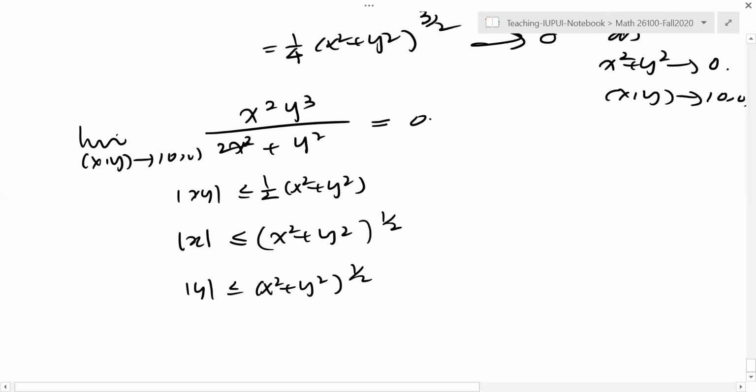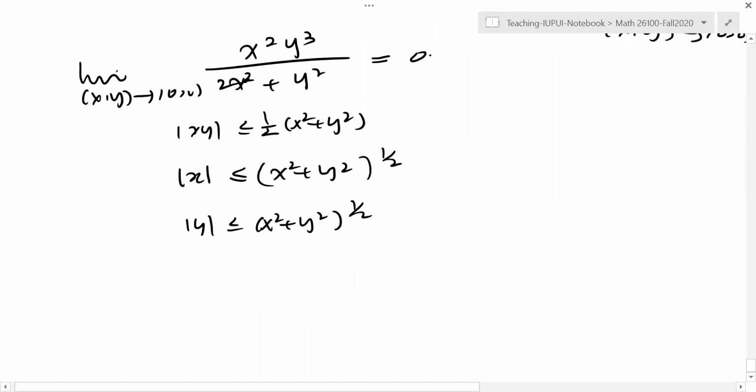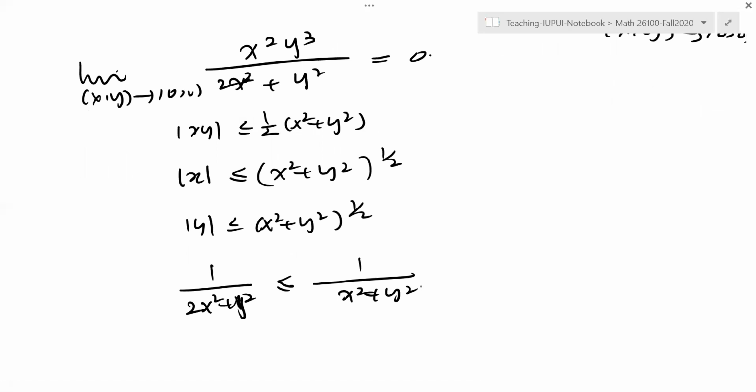Another important inequality, a trivial one, is that 1 over 2x squared plus y squared is less than or equal to 1 over x squared plus y squared. The reason is that when you make the denominator smaller, the quotient is larger. Those are the points you have to get familiar with.